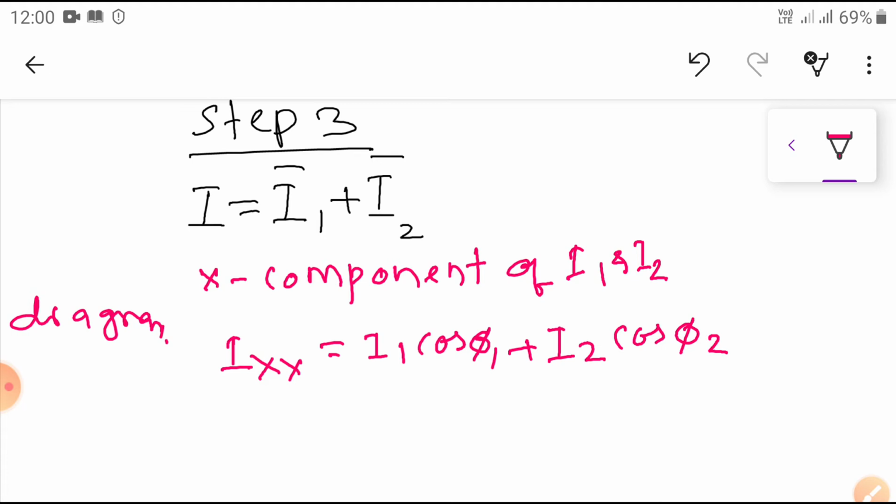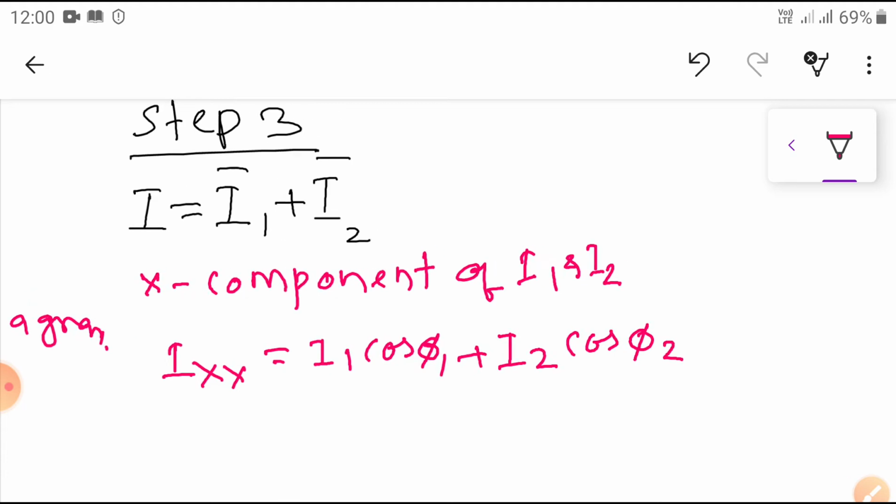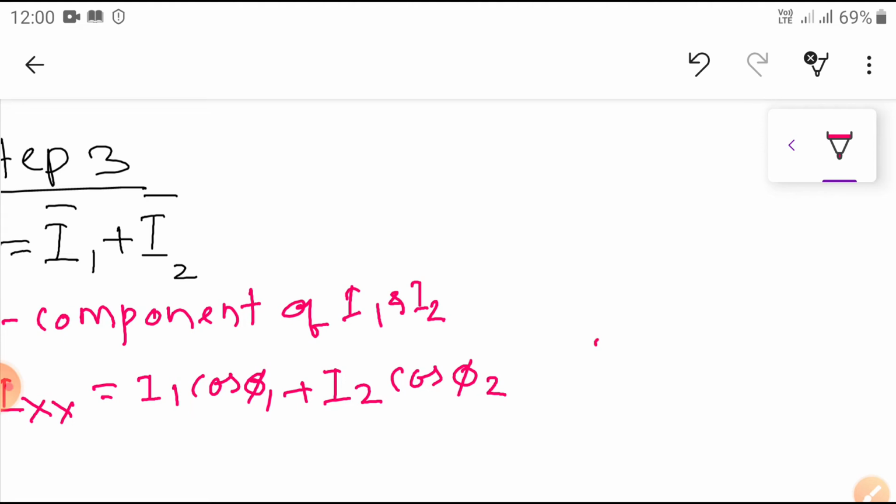Dear students, do not get confused. Here, I1 is resolved into this x component and this y component, with the phase angle. So I1 into cos phi 1 is the x component.